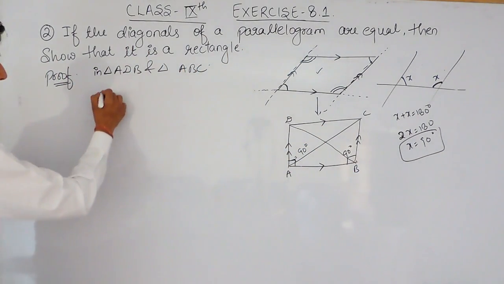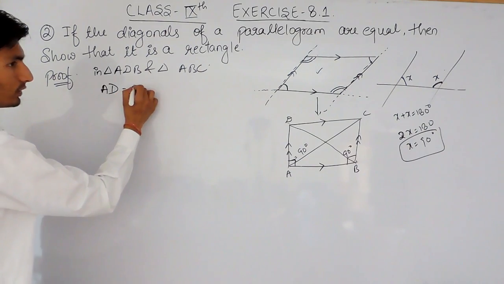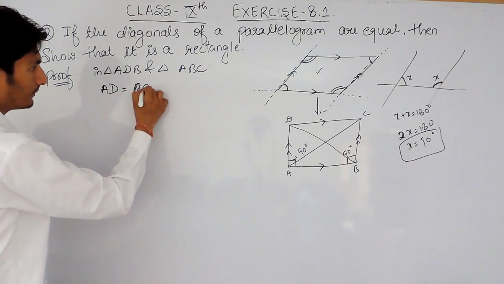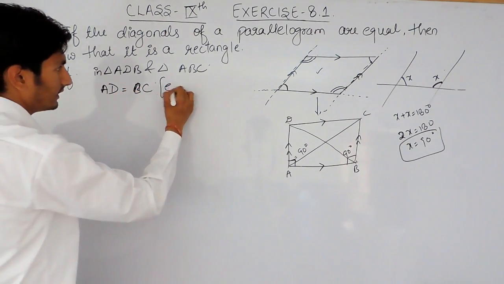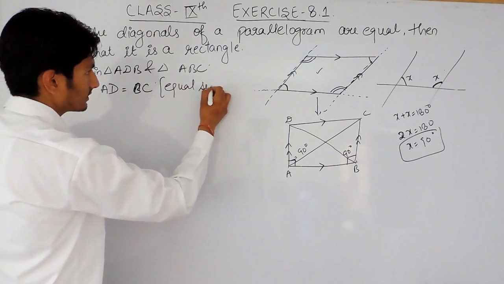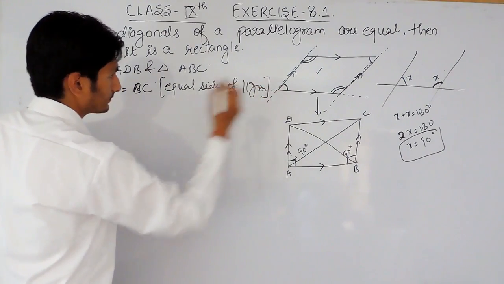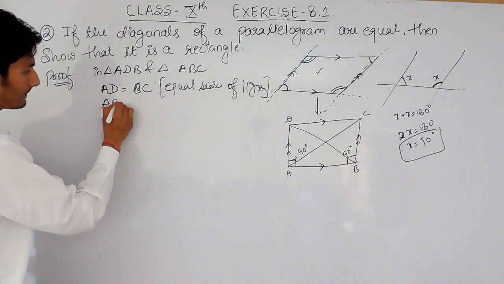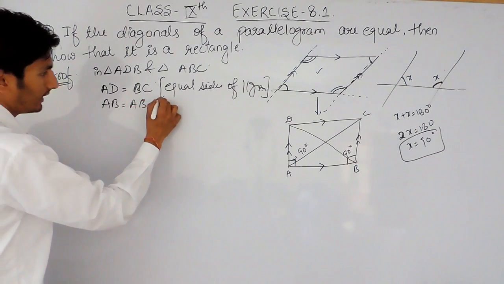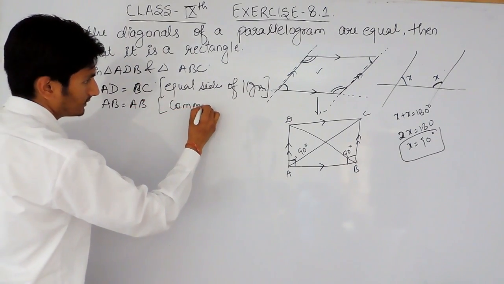So I can say that AD will be equal to BC. These are equal sides of the parallelogram. AB and AB are the common side.